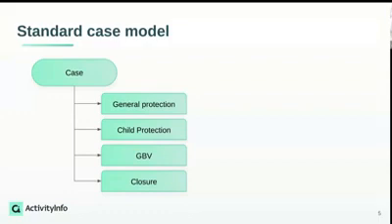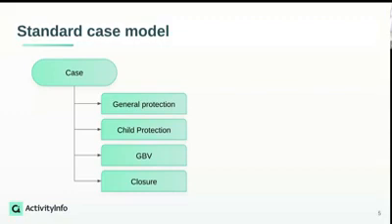So let's start with what I think is a pretty standard case model in ActivityInfo, where each new case, which might be an individual or an incident, is represented as a form, and then we have subforms. You might add subforms for different types of incidents, for different types of repeating information or specific information, followed by a case closure form.